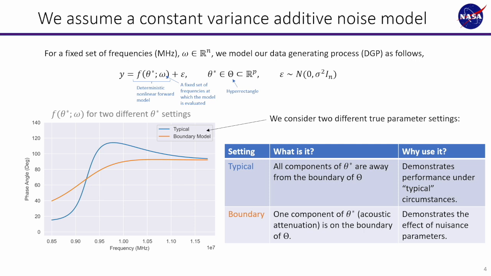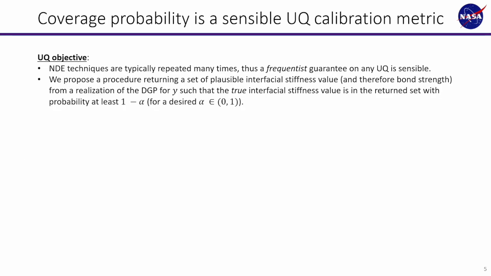But to be methodologically rigorous, we of course want to know that our method has some sort of known properties under any possible theta, any possible parameter vector in that constraint set. So this boundary setting is one in which I set the acoustic attenuation to be very close to its boundary, so it's known, kind of realistic settings. And this will, again, demonstrate the effect of nuisance parameters.